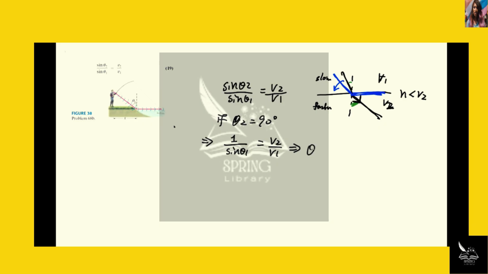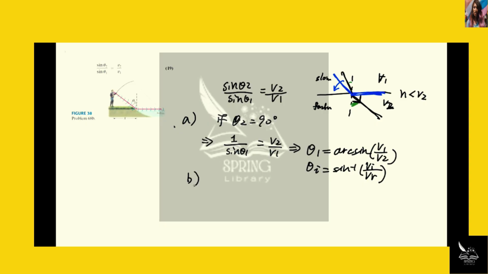And from this we can tell theta 1 is arcsine of V1 over V2. Or we can also say that the incident angle is arcsine of the incident velocity over the refracted velocity. This is part A.